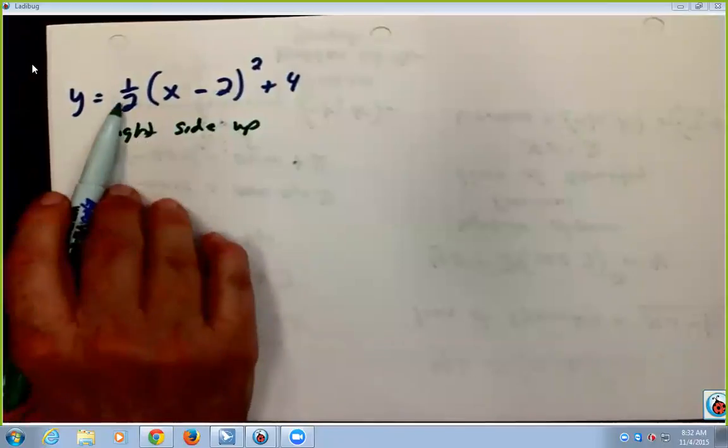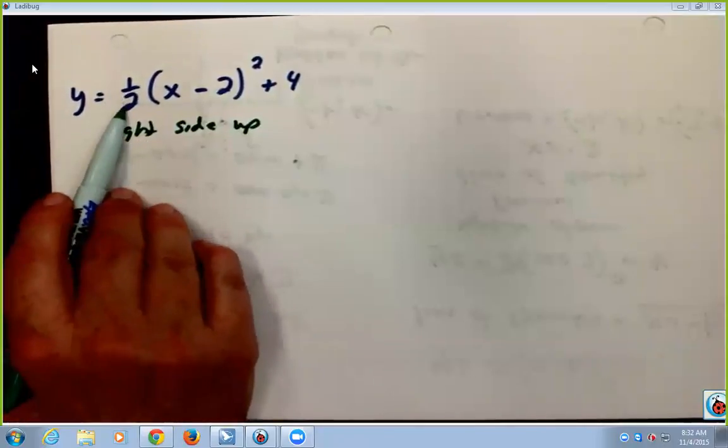Narrow or wide? What do you think? Narrow or wide? What would we say? It's a half. So is that small or is that a large number?